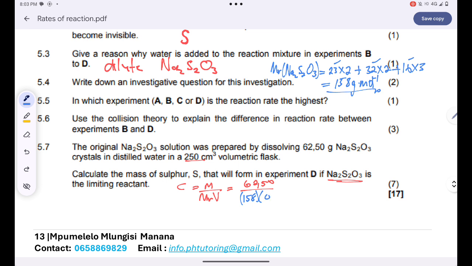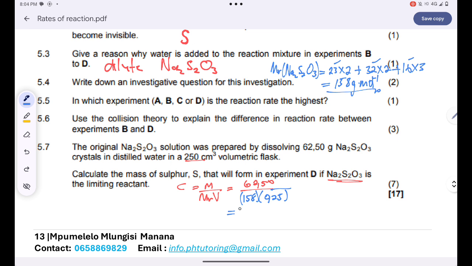I'll simply get 0.25. For me to change from cubic centimeters to cubic decimeters, I must always divide by 1000. So my final answer will simply be 62.50 divided by 158 multiplied by 0.25.